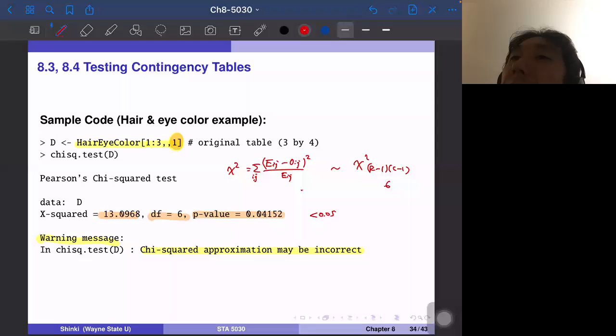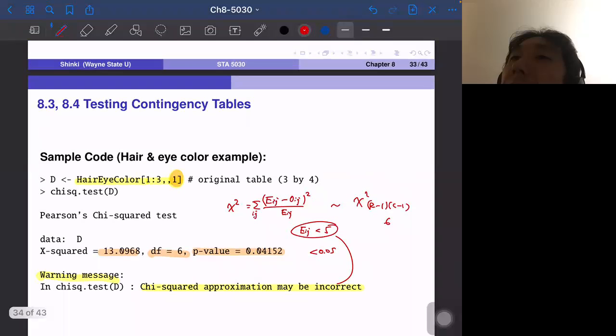But the Eij is not very large; some Eij is probably less than 5. Then we get this message, so it's not very accurate. There is some limitation, but still we can say the chi-square test rejects H0.